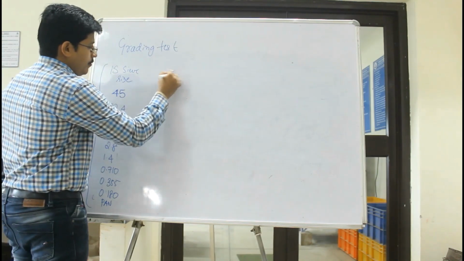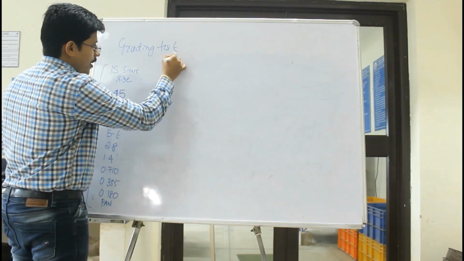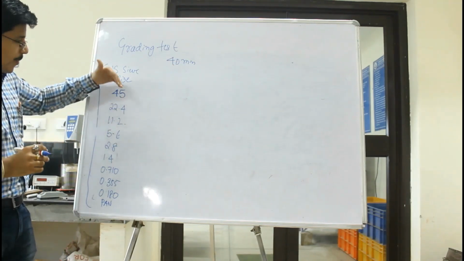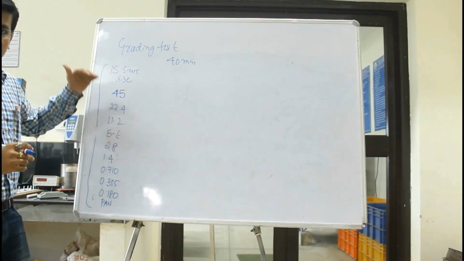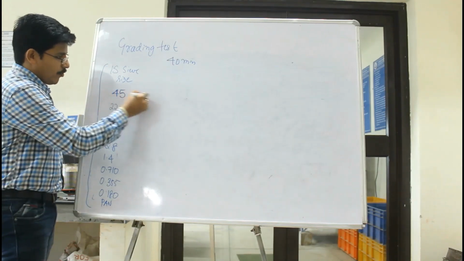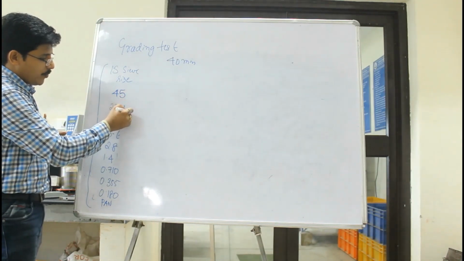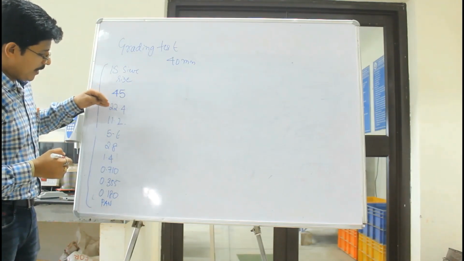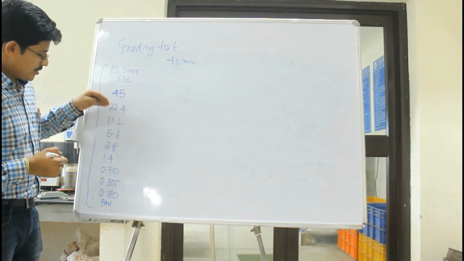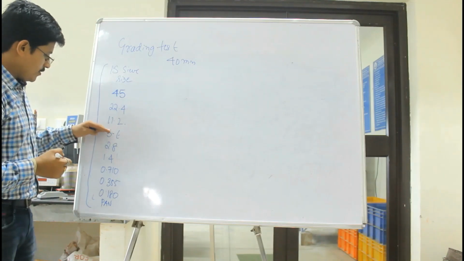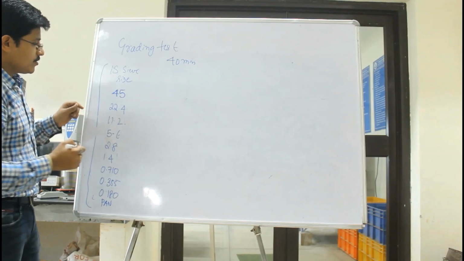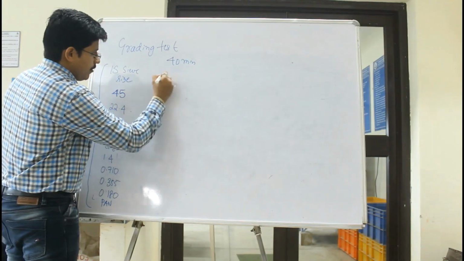We will put 15 kg of material and pass it through all the sieves. Some aggregate will pass through 40 mm and some will be retained on 22.4. Similarly, some will pass through 22.4 and be retained on 11.2. Similarly, some will pass through 5.6 and be retained on 2.8 mm sieve size.